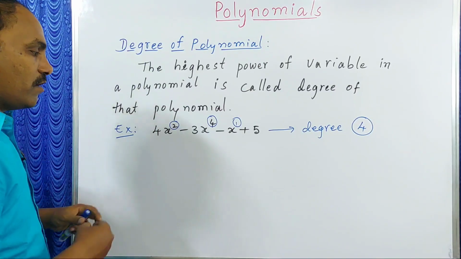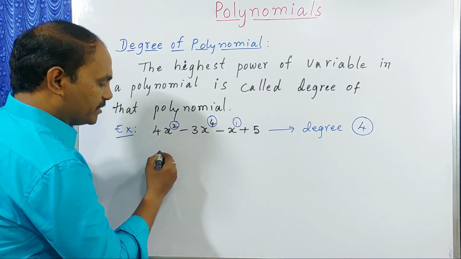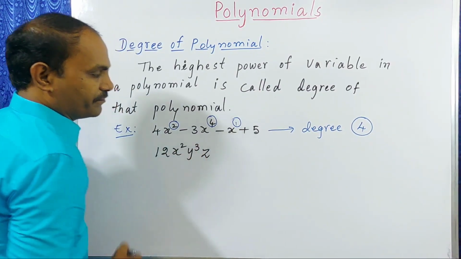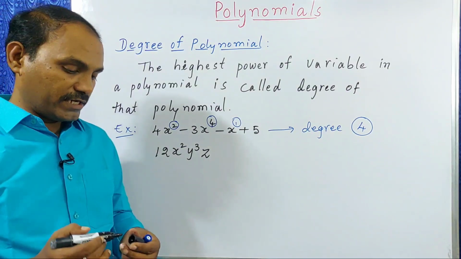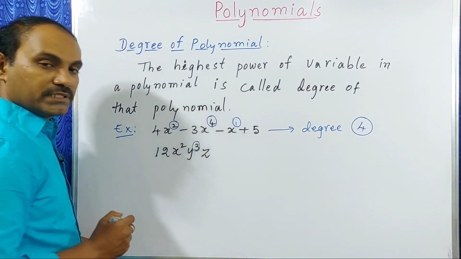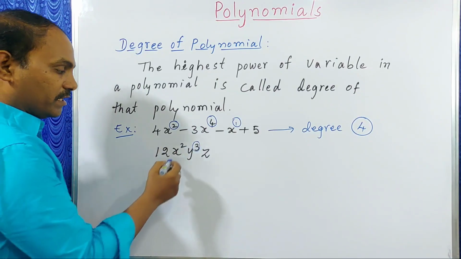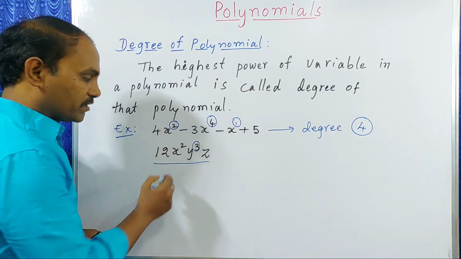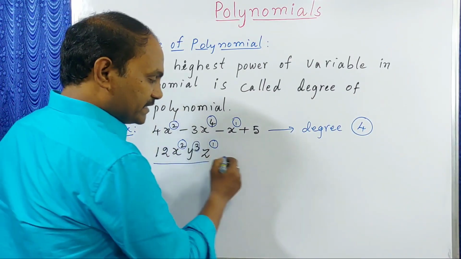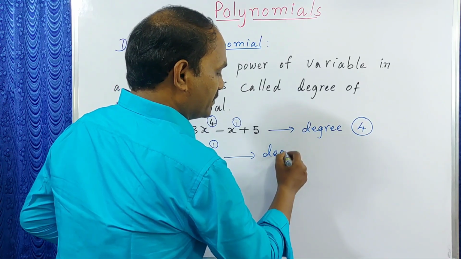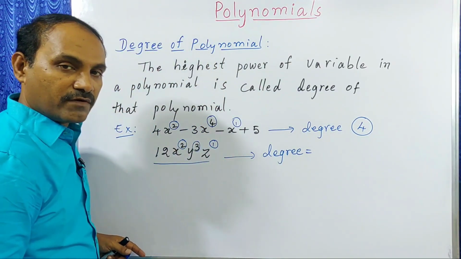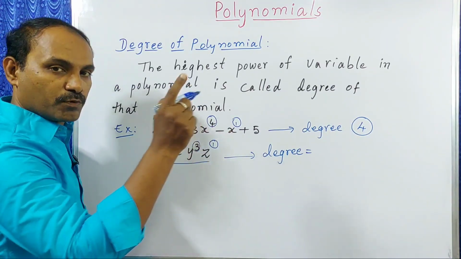Is it? Now for example, the term is like this: 12x square y cube z. Then what is the degree of the polynomial? Don't get confused here. Don't take 3 as the degree of this polynomial. Here completely it is one term. That's why here square, cube, and nothing means 1. Now in this case, what is the degree of the polynomial? The sum of the exponents.